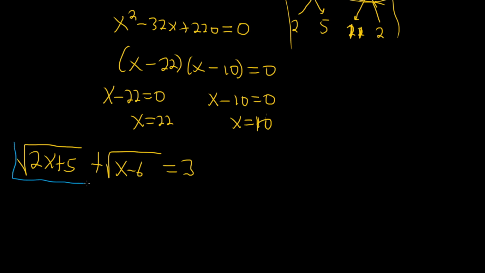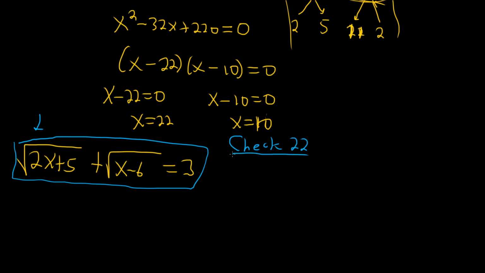So I doubt both of these are going to be answers. Now we're going to plug them into this. So let's check 22. We have the square root of 2 times 22 plus 5, plus the square root of 22 minus 6, and that should be equal to 3.